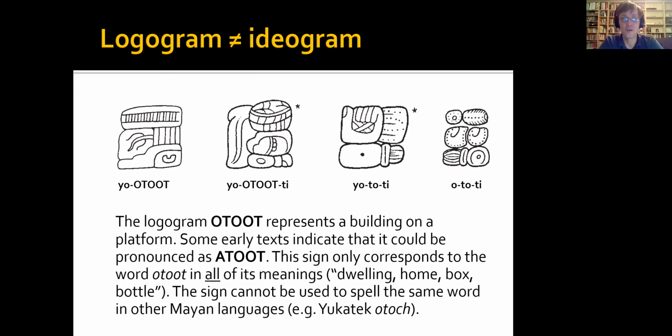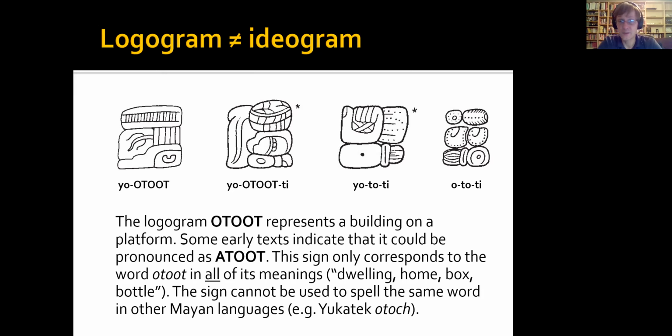There is a house that is more like a structure, but also a social unit, and the word for that is na. And then there is otot, which is more like a dwelling, but also a container of any kind, like a box with a lid. So you cannot use the logogram na to spell otot, and you cannot use the logogram otot to spell na.